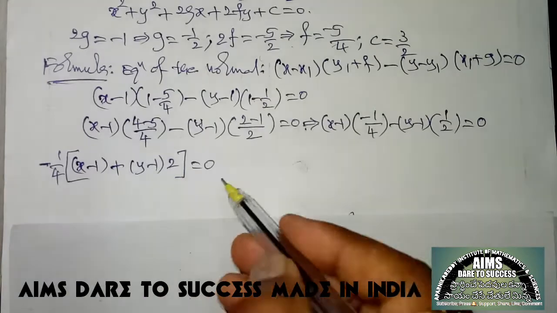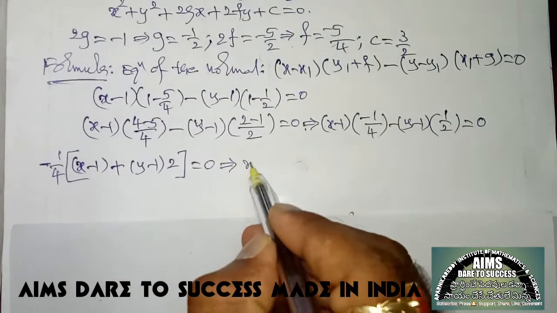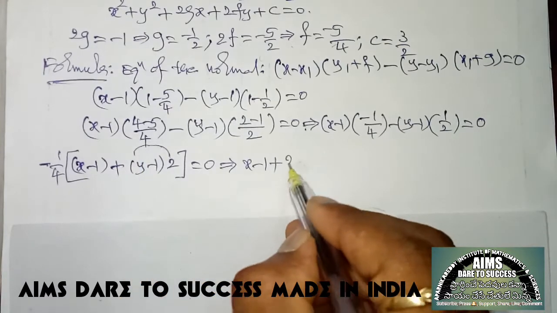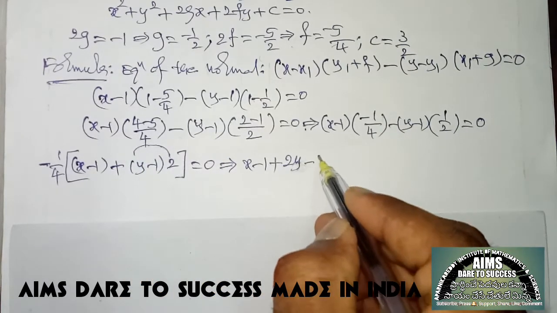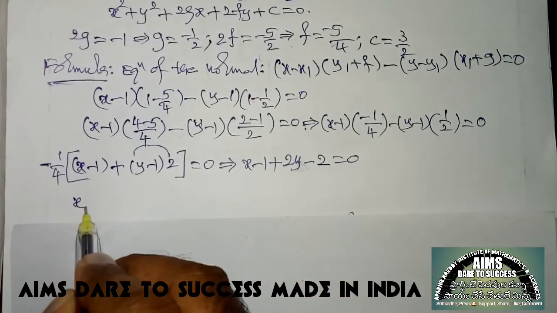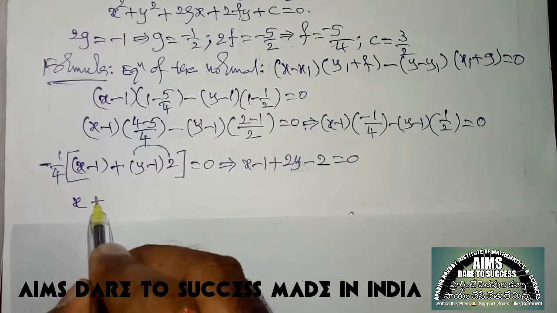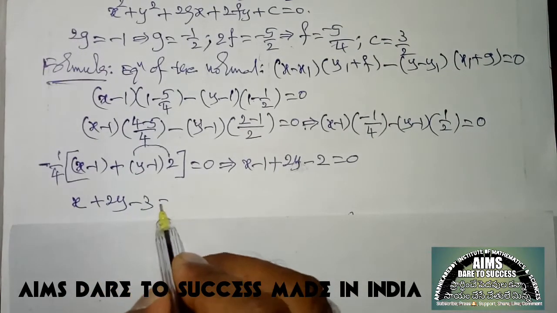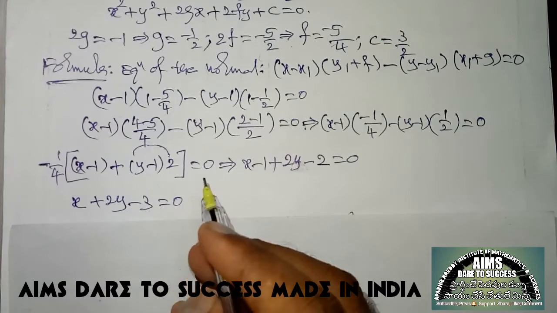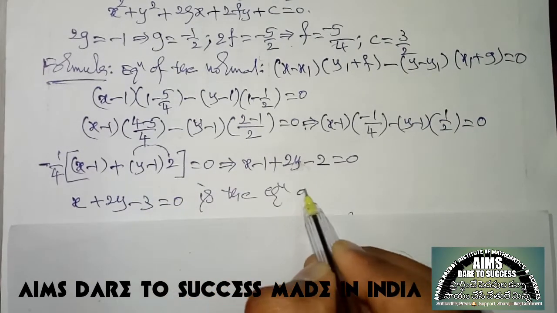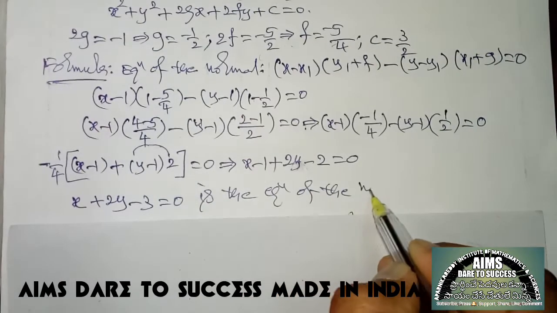This −1/4 coming to this side, we get (x − 1) + 2(y − 1) = 0. Multiply inside, we get 2y − 2. Now you can write x, next 2y, next −2 − 1 is −3, equal to 0: x + 2y − 3 = 0 is the equation of the normal.